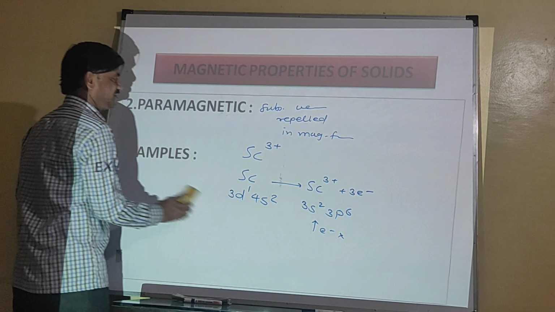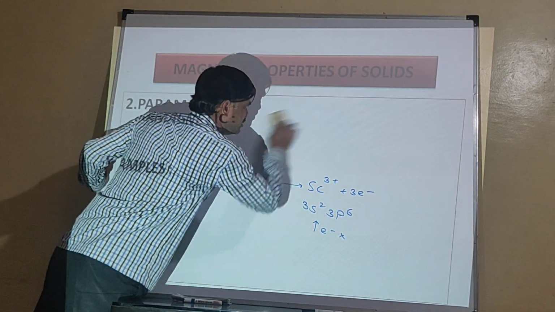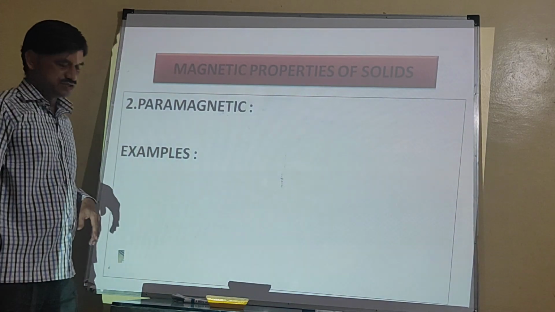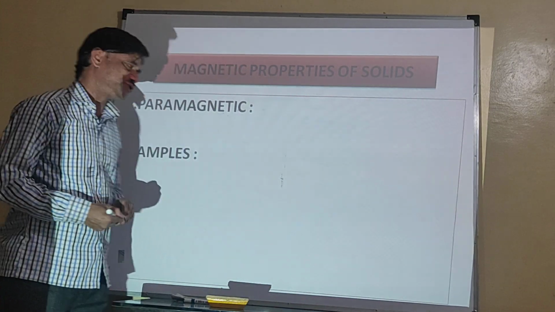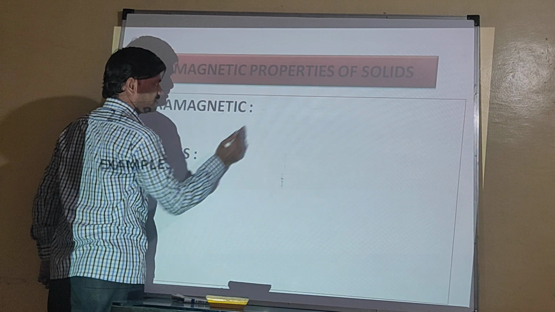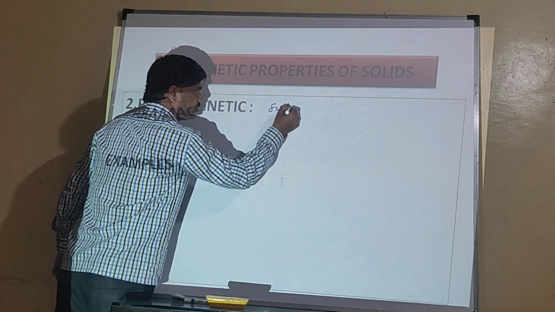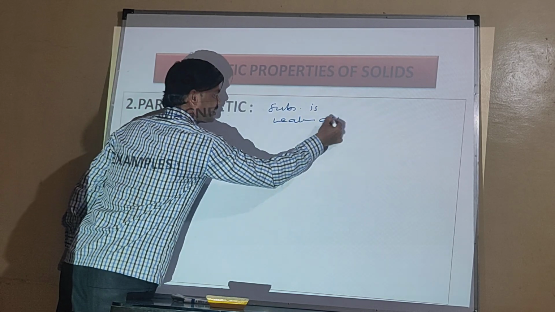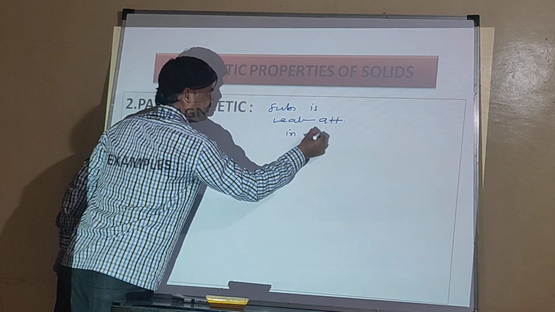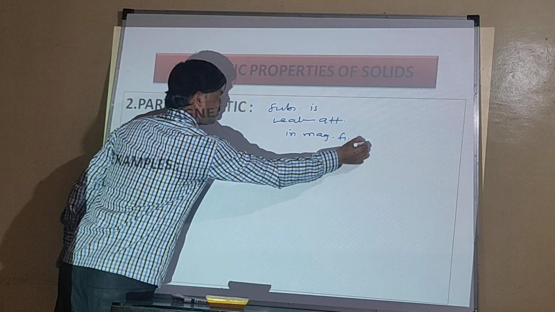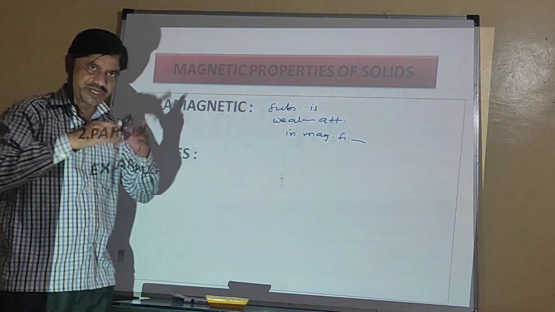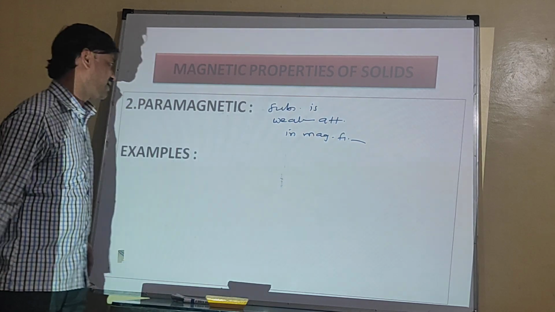Now check the next phenomenon. What is the next phenomenon? Paramagnetism. So we are going to use the reverse word here. What is paramagnetism? The phenomenon in which a substance is weakly attracted in a magnetic field. That phenomenon is called paramagnetism. So instead of weakly repelled, it is weakly attracted.